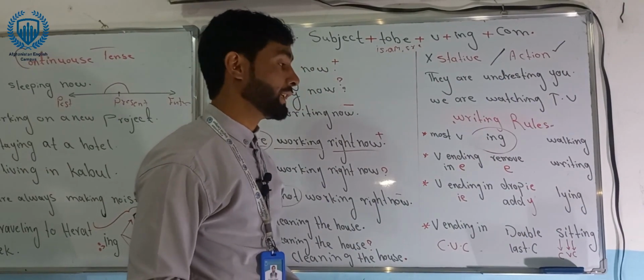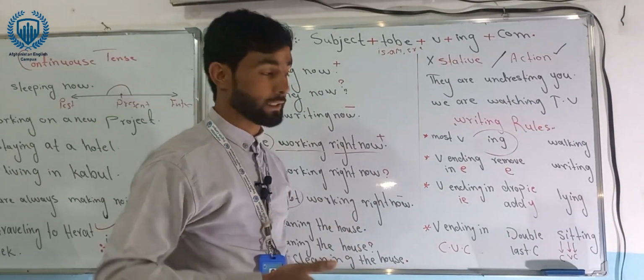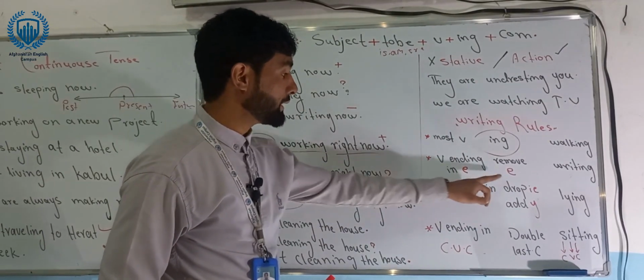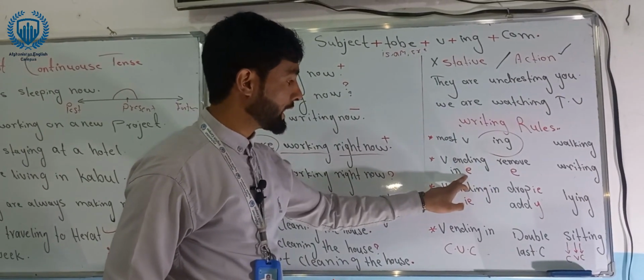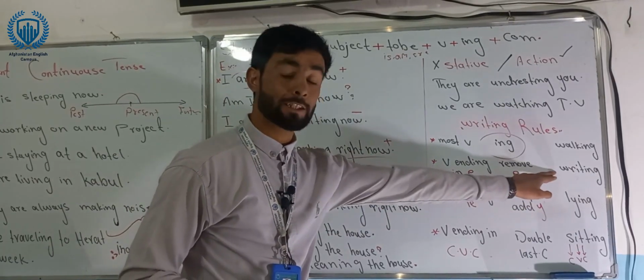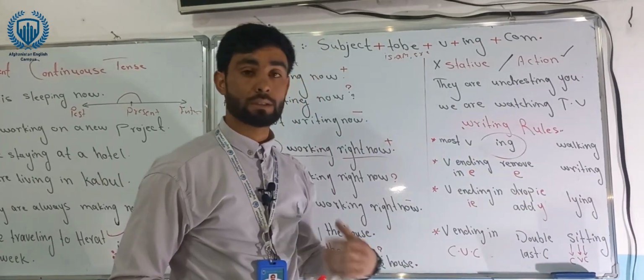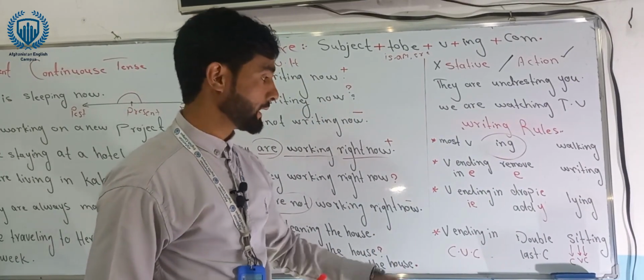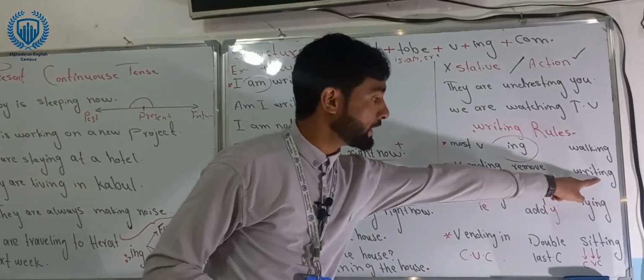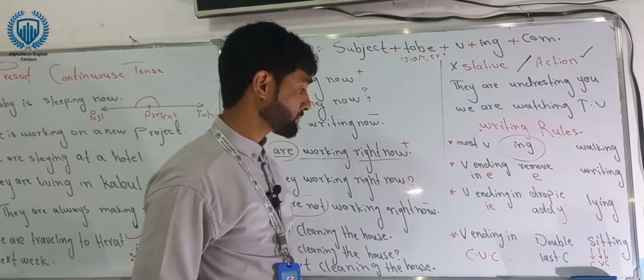Walking, studying, going, and many other verbs. But for the verbs which have e at the end, you have to remove the letter e, then add ing, such as writing. Writing is a verb which has e at the end. Then you remove the e and add ing: writing.